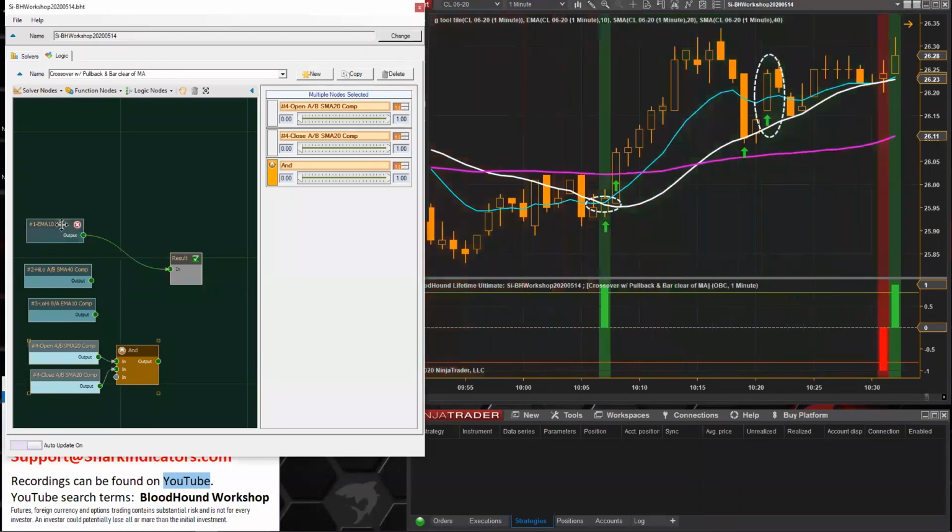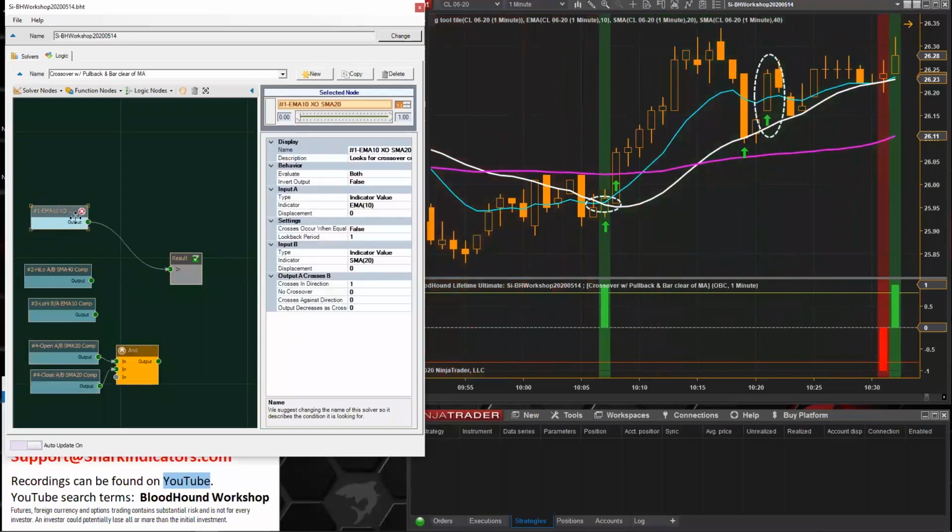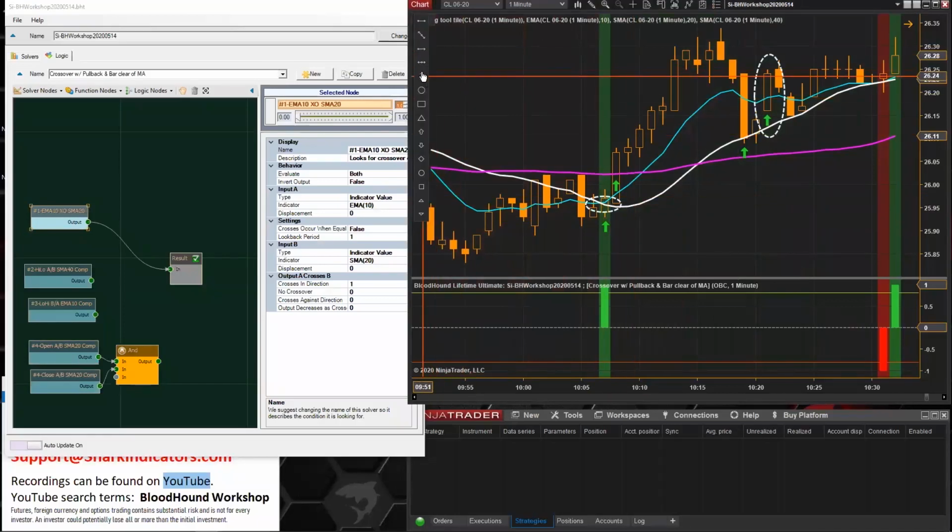All right, so now what we need to do. Let's take a look. So here's step number 1, our fast moving averages crossing each other, and the next step is we need to get this signal all the way over to our signal bar. So this crossover condition, this output, needs to be transferred forward in time until we get to the actual signal bar.